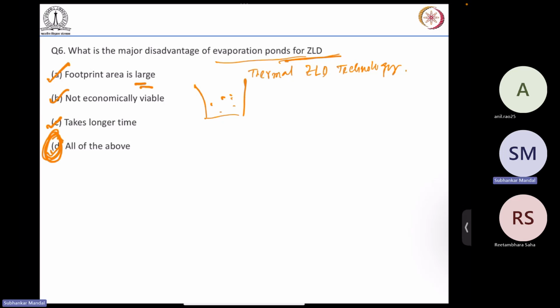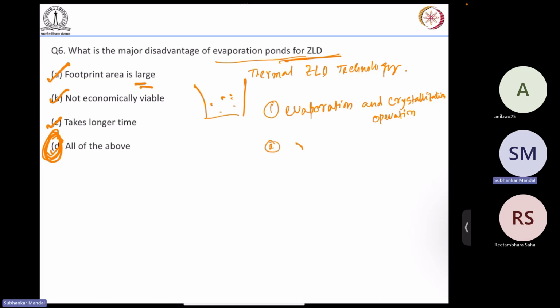And what other things can we know? This evaporation method, or basically this thermal ZLD, depends on evaporation as well as crystallization operation.